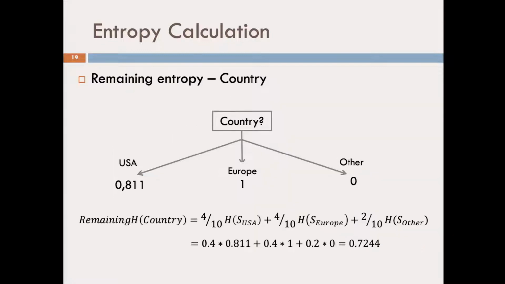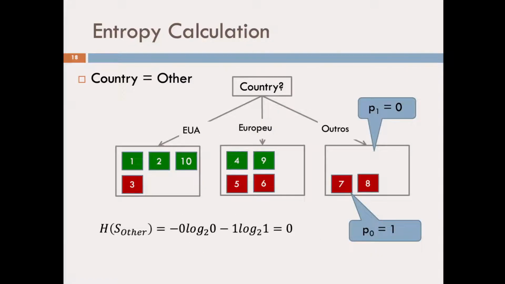And now we are going to sum these. So the remaining entropy for the feature country is 4 divided by 10, times the entropy we calculated for USA. Why 4 divided by 10? Because we have 4 instances here. Remember, p1k and 0k, p1k and 1k, divided by the total number of instances.